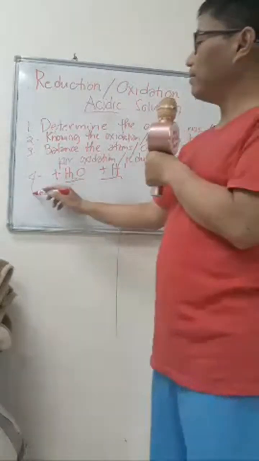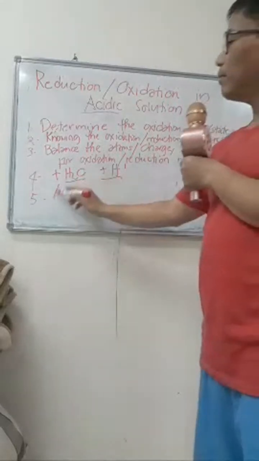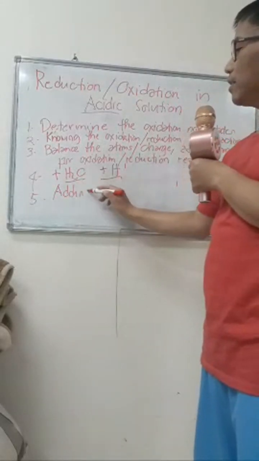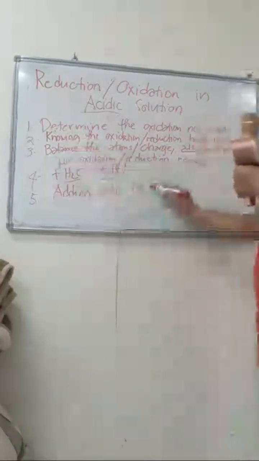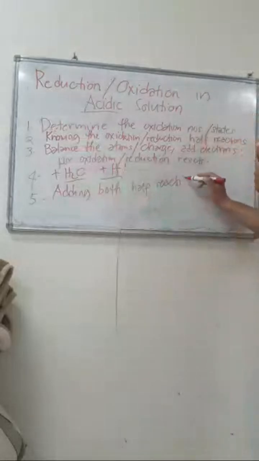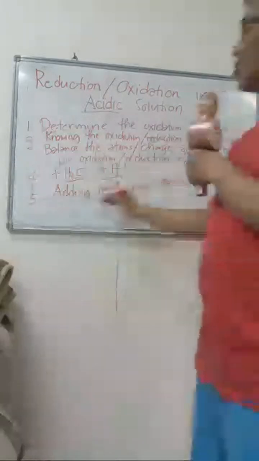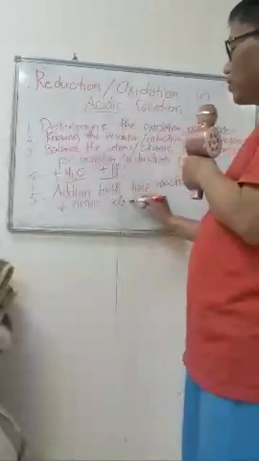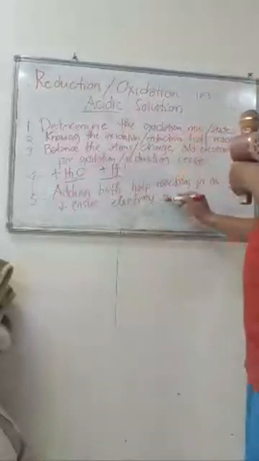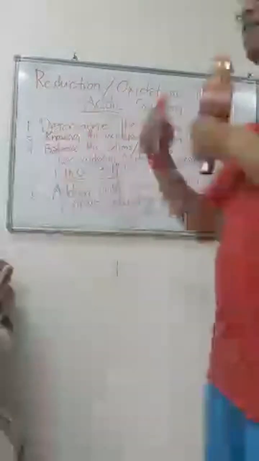And then number 5, adding both half reactions in number 3, and ensure electrons are cancelled, because the added electrons will not participate in the net redox equation.